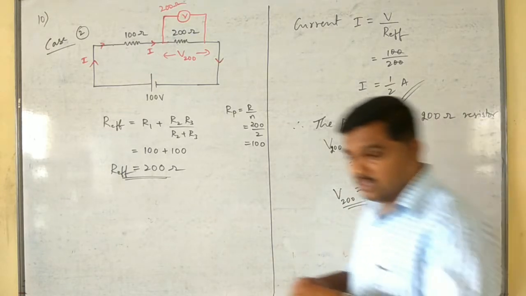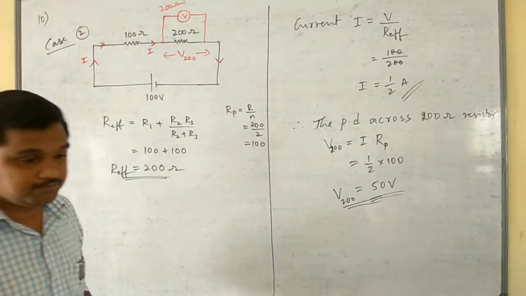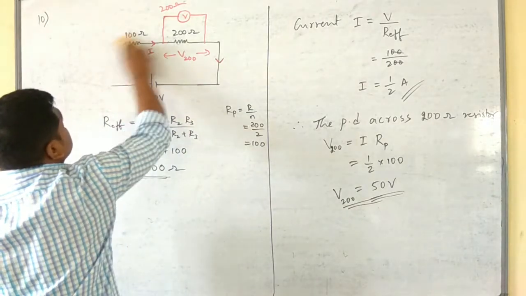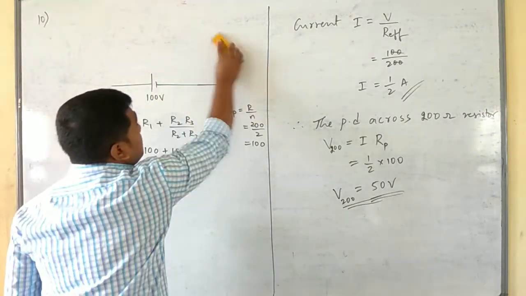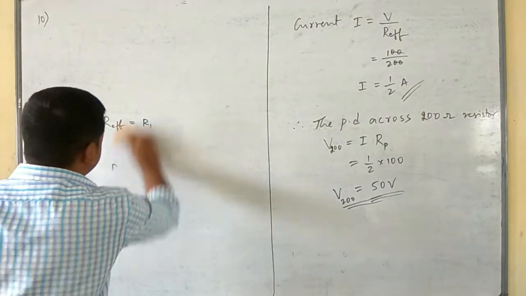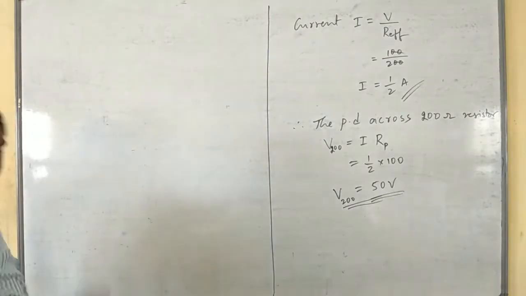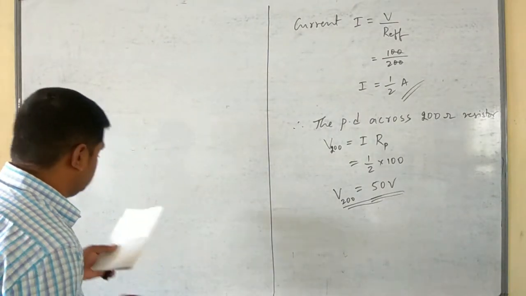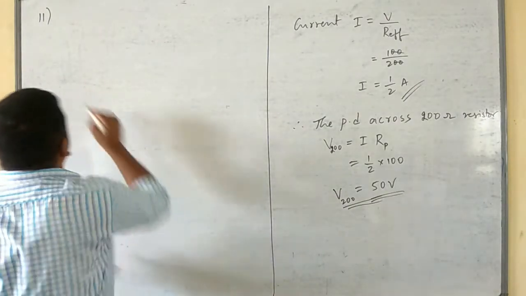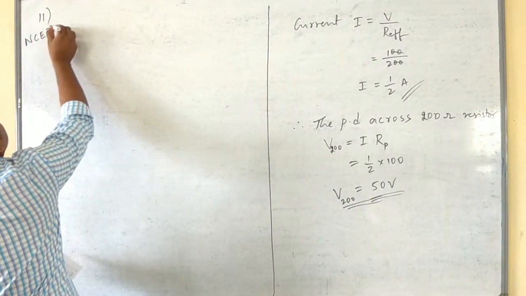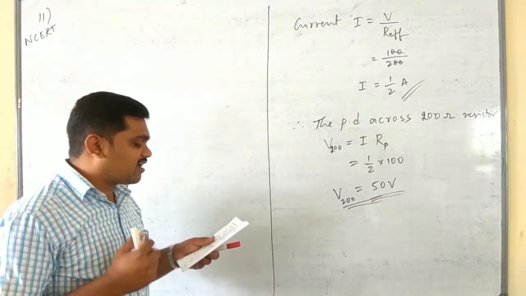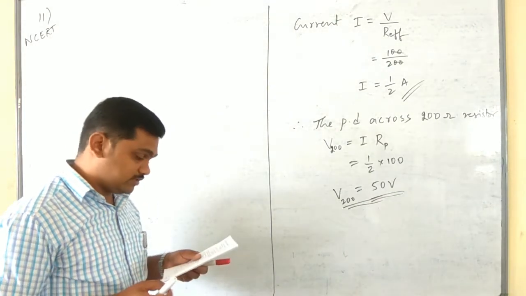Next, let's move to the 11th one. It is your NCERT problem. The storage battery of a car has an EMF of 12 volt.